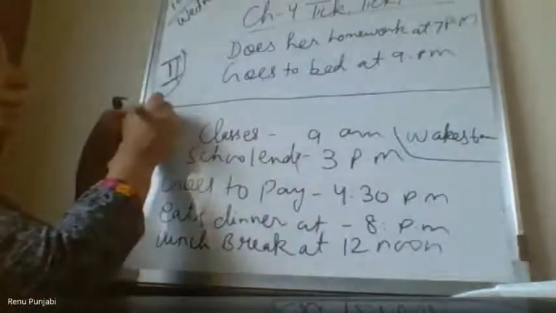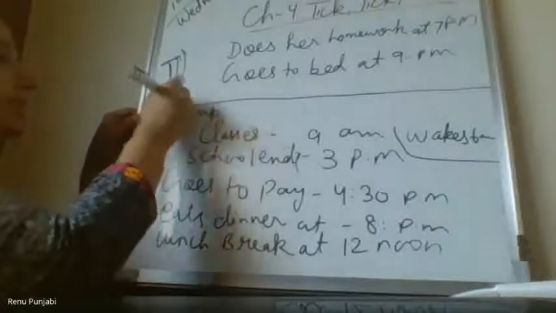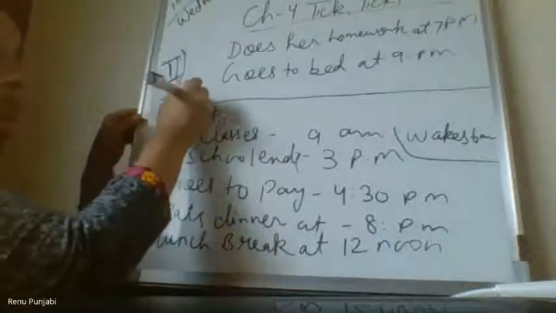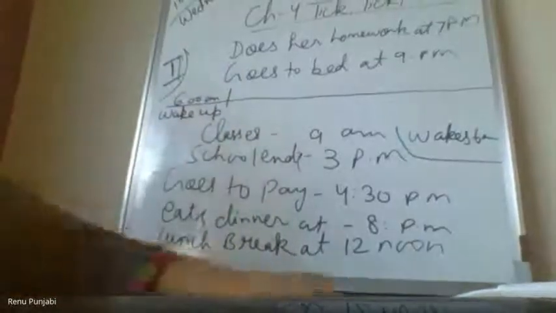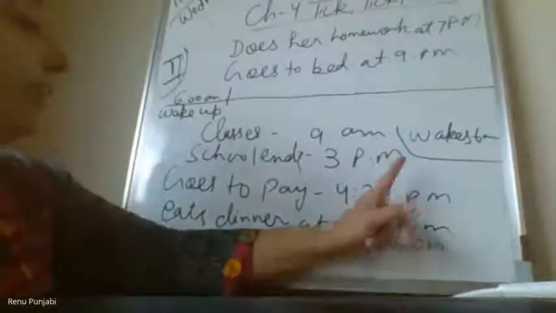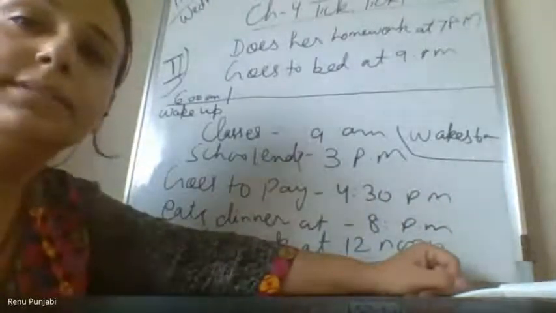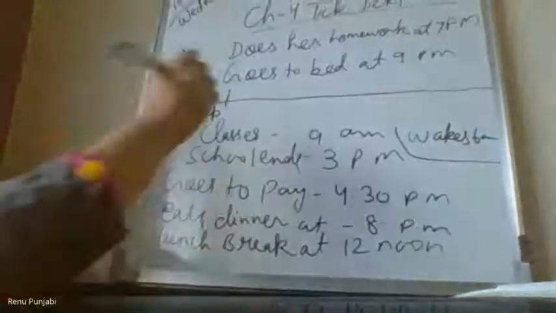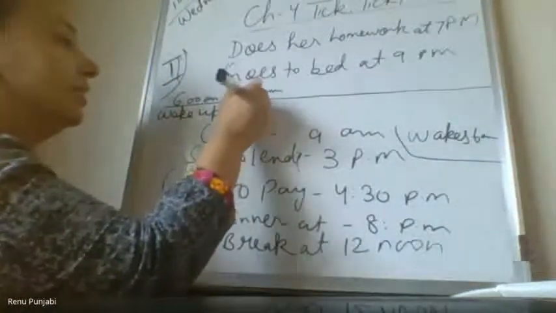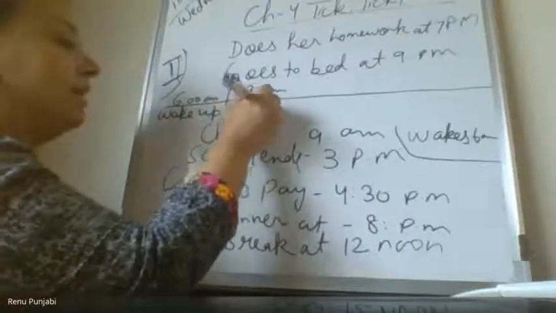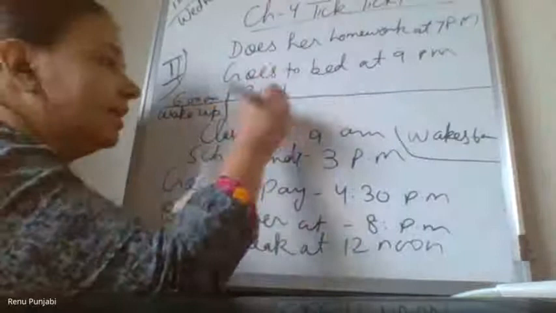Yes, she wakes up at 6 a.m. After wake up, what should be the next thing? Classes, which is at 9 a.m. So I will mention time up and write the activity down on the timeline.